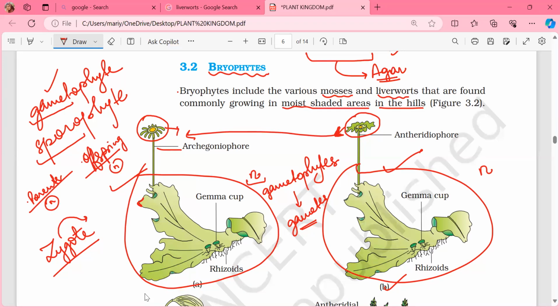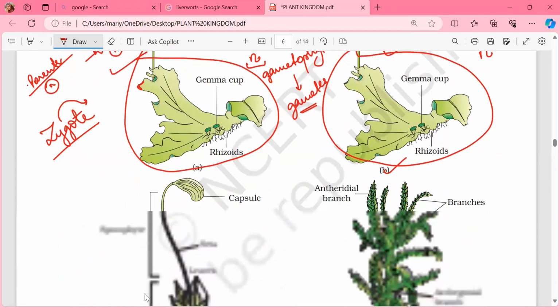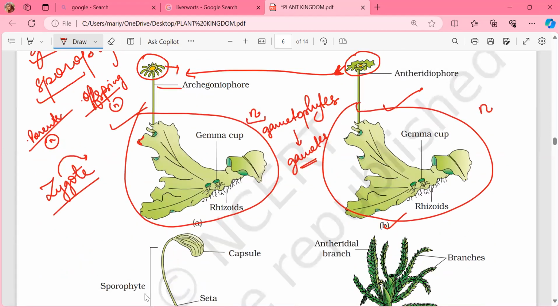So, if I say that these gametophytes make the gametes, one will be the female gamete, one will be the male gamete. What do you think will be the ploidy of these gametes? What is ploidy?